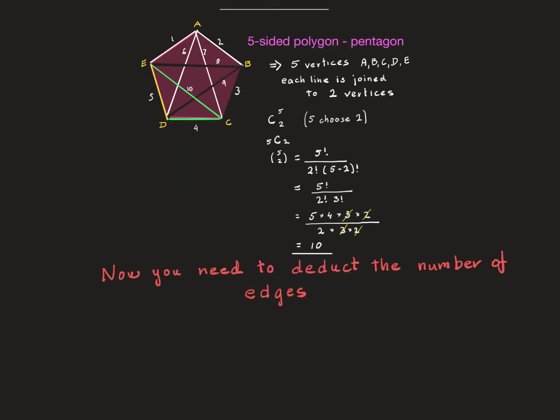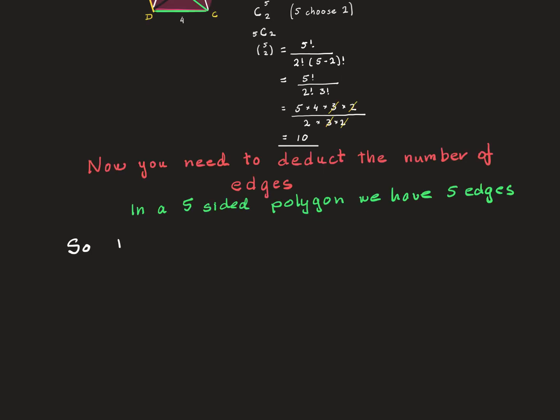In a 5-sided polygon, we have 5 edges. And so the number of diagonals is that combination of 5, choosing the 2, minus 5, which is the number of edges.